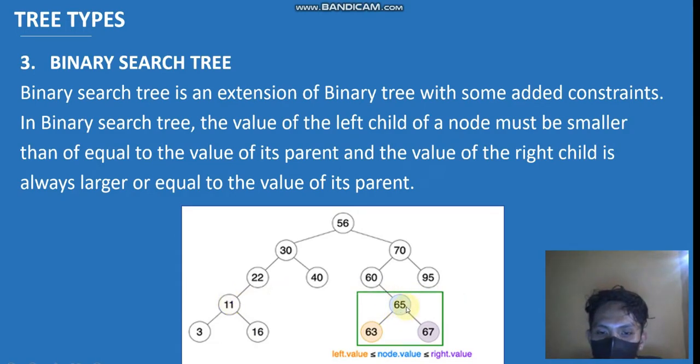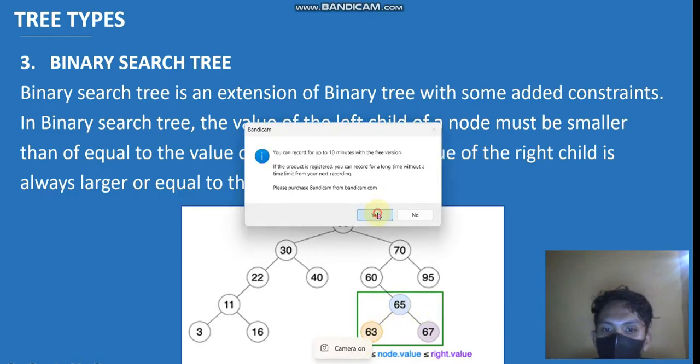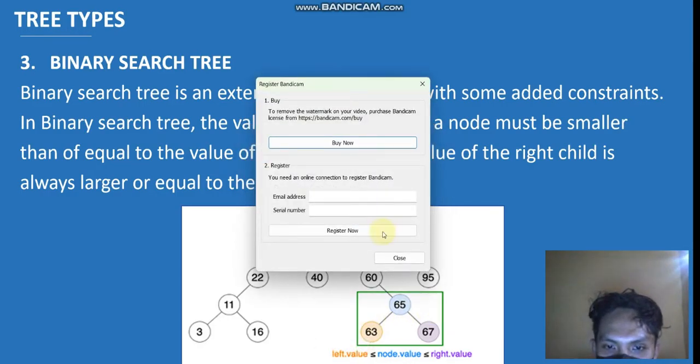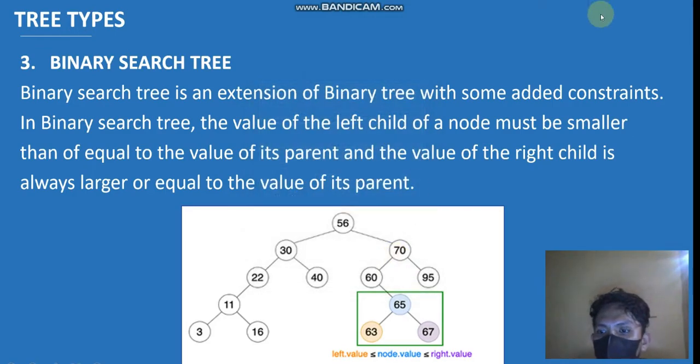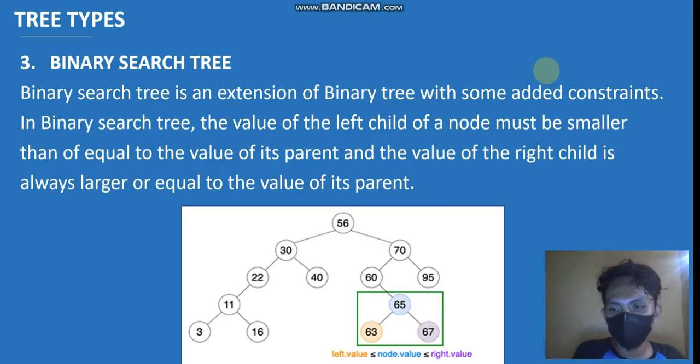The parent node 65 has a smaller left child node and a bigger right child node. So the 65 has a smaller-value left child node and a higher-value right child node.